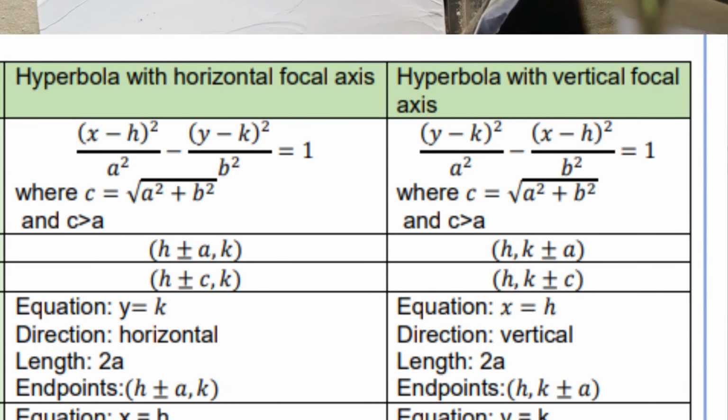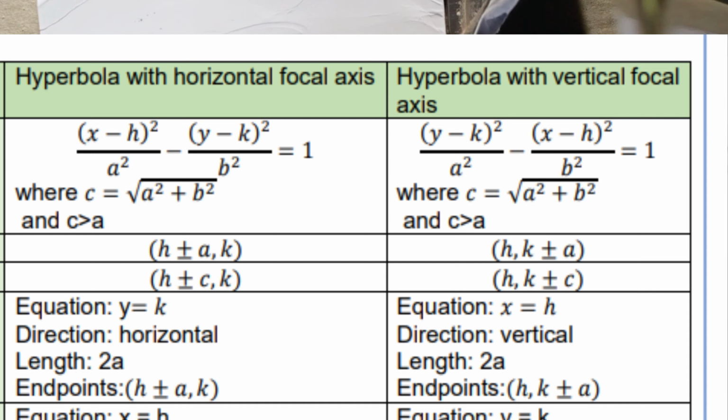Remember that we have two standard equations for our hyperbola. First is the hyperbola with horizontal focal axis: quantity of x minus h squared over a squared minus quantity of y minus k squared over b squared equals 1.